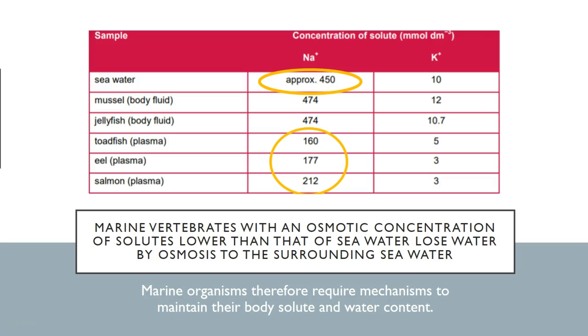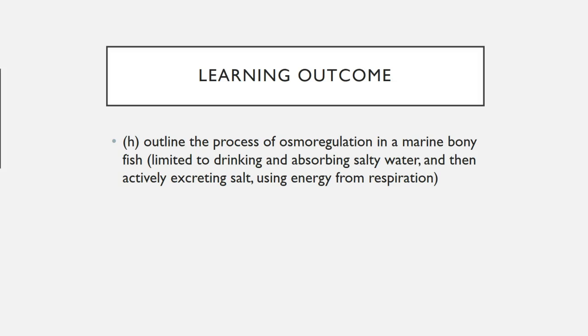The bony fish, however, have osmotic concentrations that are different than that of the seawater. So they have to have some sort of mechanism to deal with this water leaving their bodies. This brings us to our next one, which is how do marine bony fish osmoregulate?